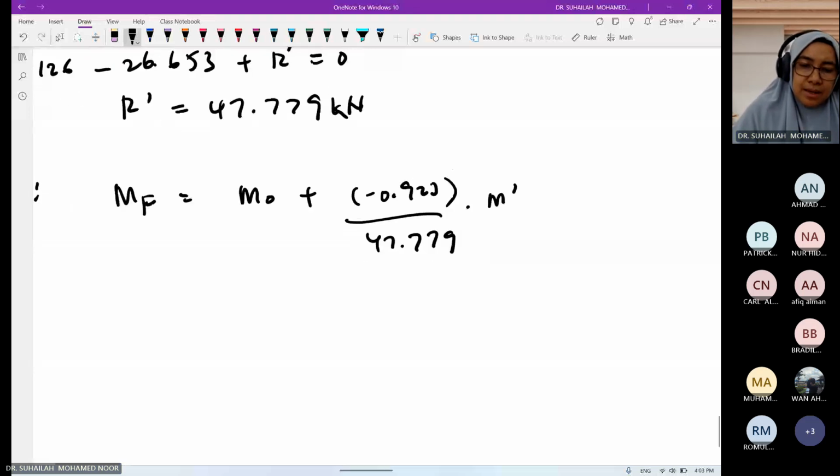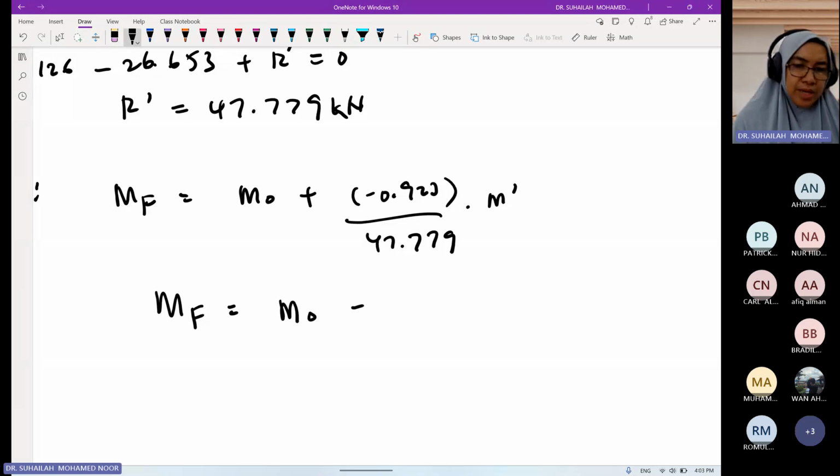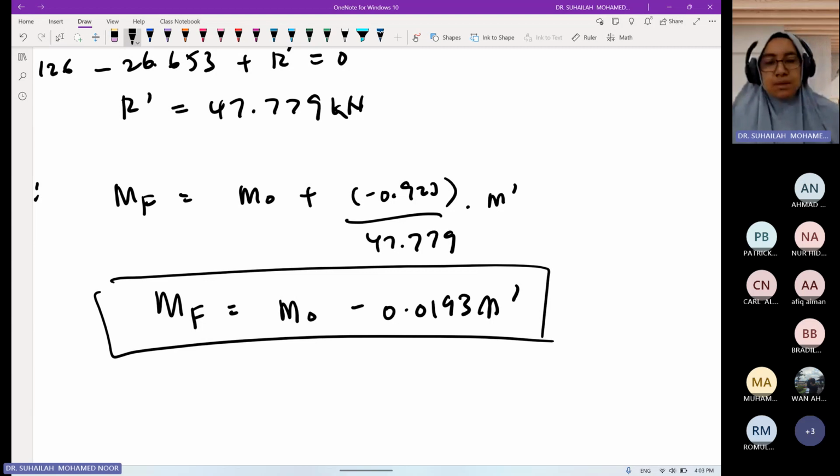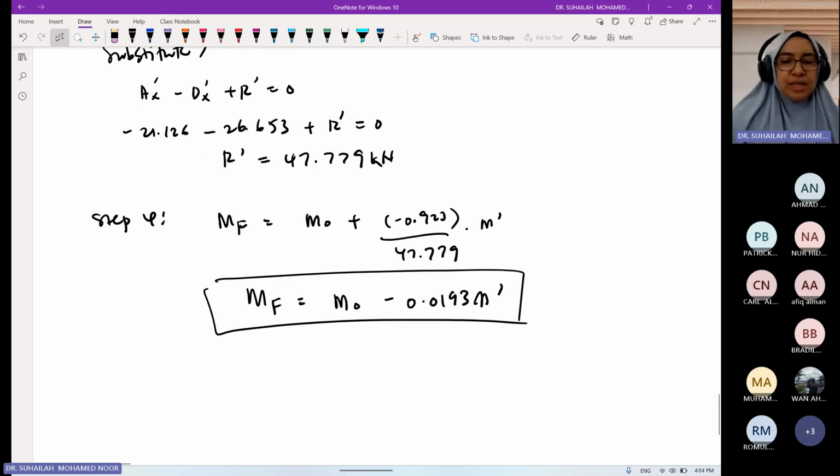So we get the final moment M equal to M naught minus 0.923 divided by 47.779. Okay, it is minus 0.0193 M prime. So this is the final equation.